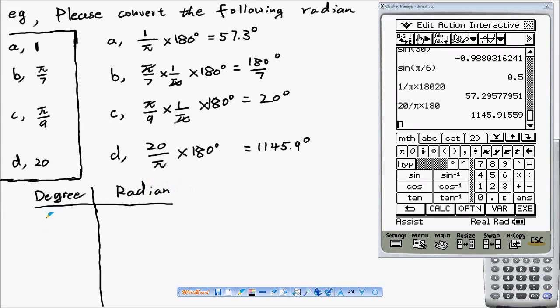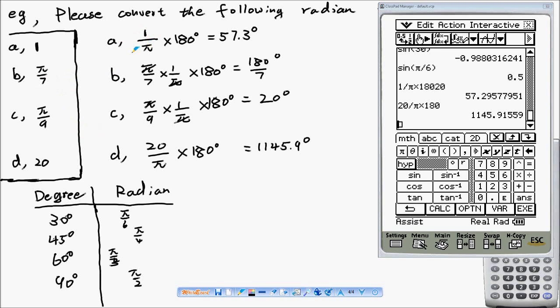They would put 30 degrees, 45 degrees, 60 degrees, and 90 degrees. On the right hand side, the radians would be pi on 6, pi on 4, pi on 3, and pi on 2. And if you don't remember it, you find them out.